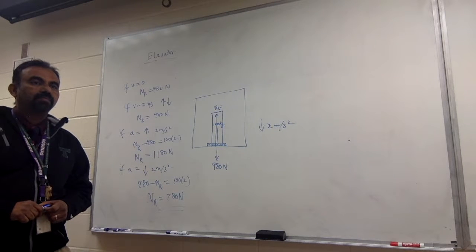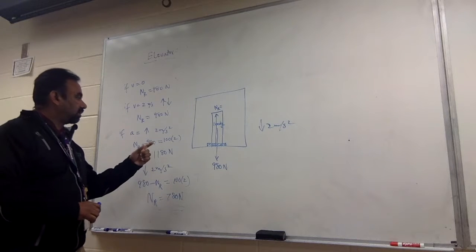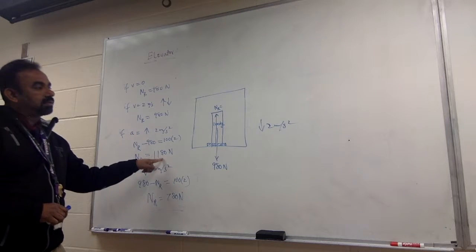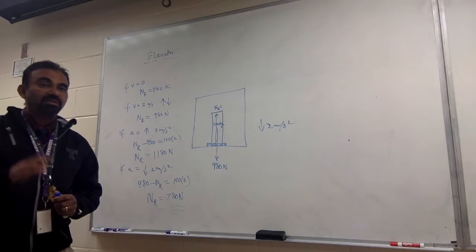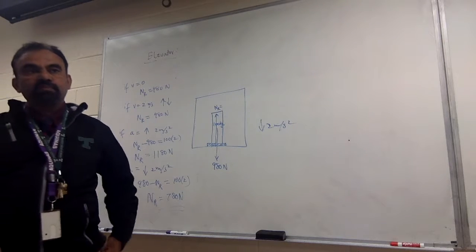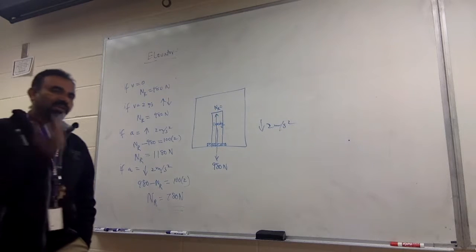Does that mean you can jump higher because there's more force pushing you back? Higher with respect to the outside, not with respect to the elevator. With respect to the elevator, whatever you apply extra on the floor is what it applies back on you.